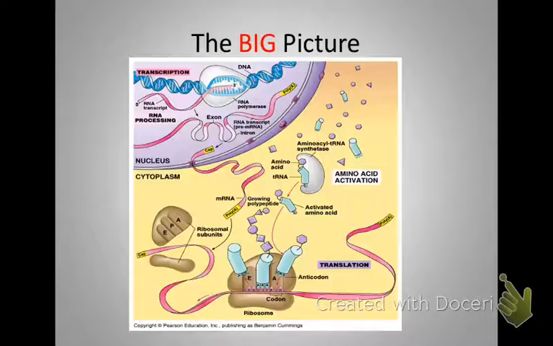All these little light spaces here, the light pink, that's our introns. They're going to stay inside the nucleus because we're going to cut them off with spliceosomes. Okay, the exons are going to hook together. We're going to put a poly A tail on. Then that's going to leave the nucleus, go to the ribosome, connect to it. You've got your transfer RNAs brought in through translation, and you're making amino acids.